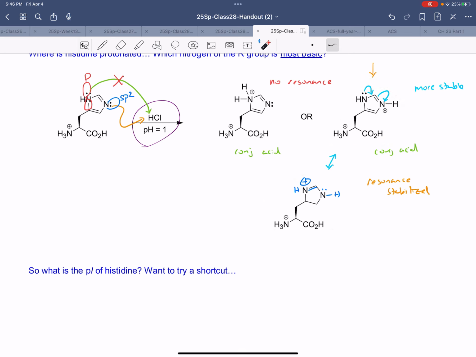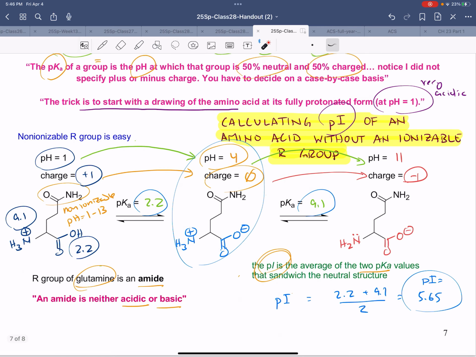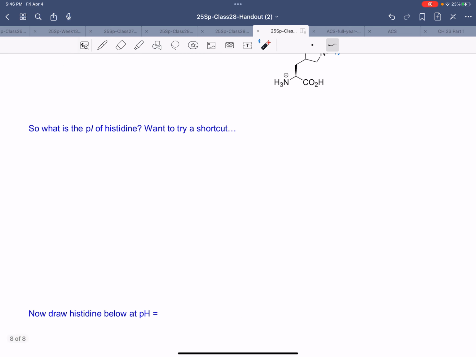Remember, at pH 1, what did the amine and carboxyl group do? See, at pH 1, it's protonated for the amine, and protonated and neutral for the carboxyl group. Think of the terminology: protonated and positive, protonated and neutral. Okay, great.